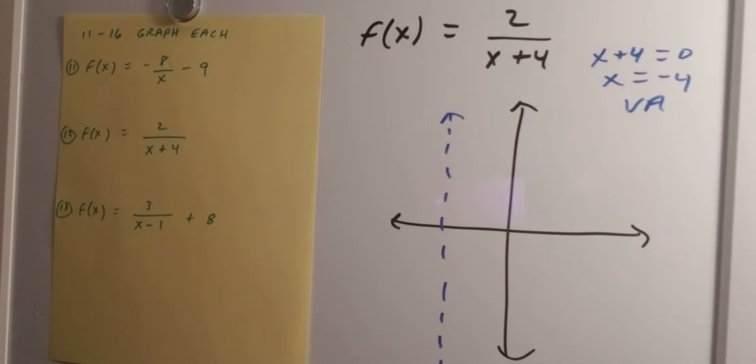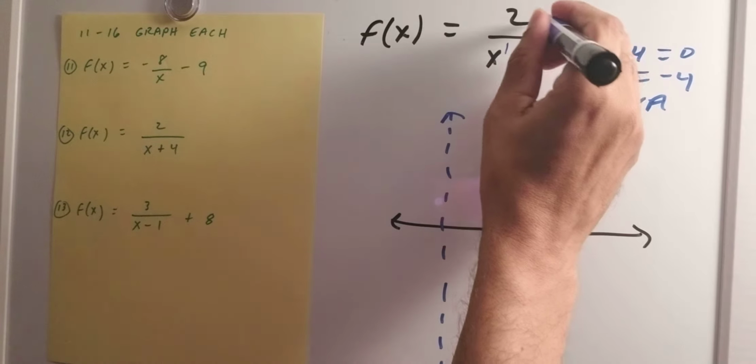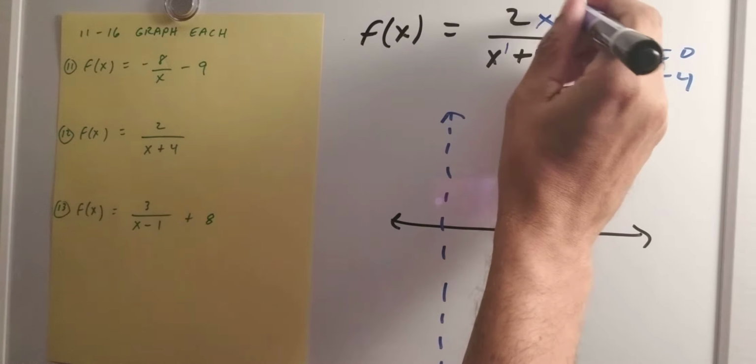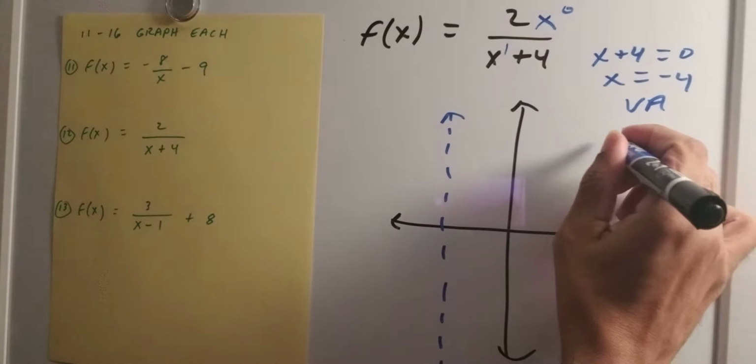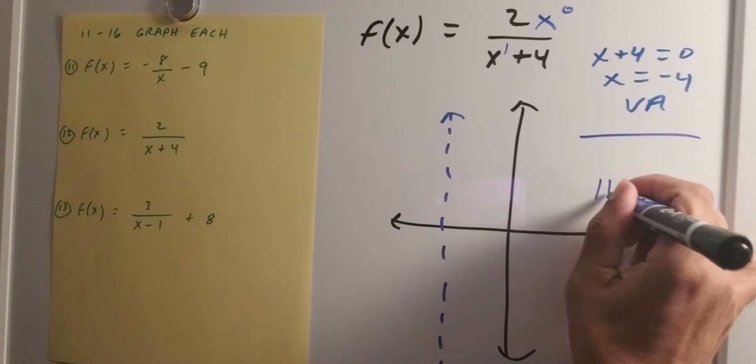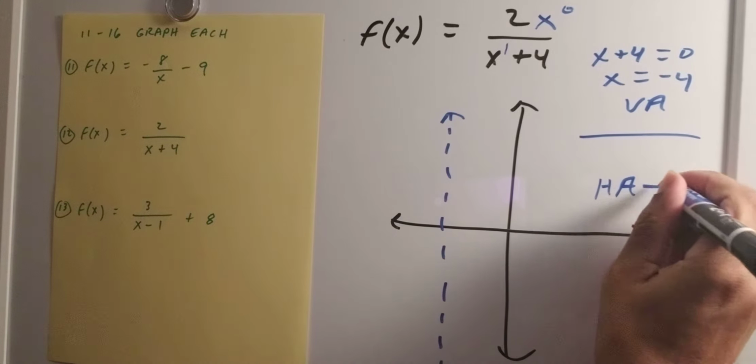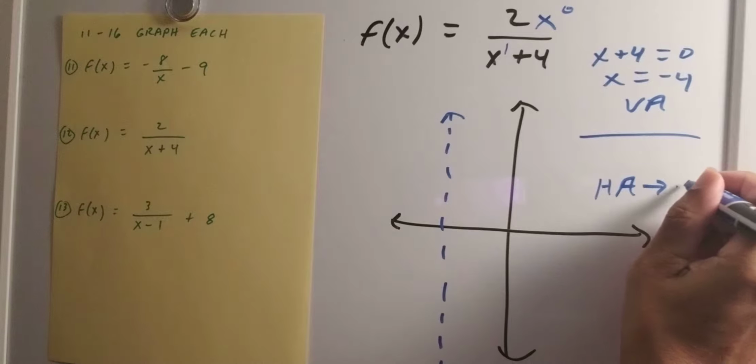And the degree 1 in the denominator compared to a degree 0 in the numerator, horizontal asymptote is 0.